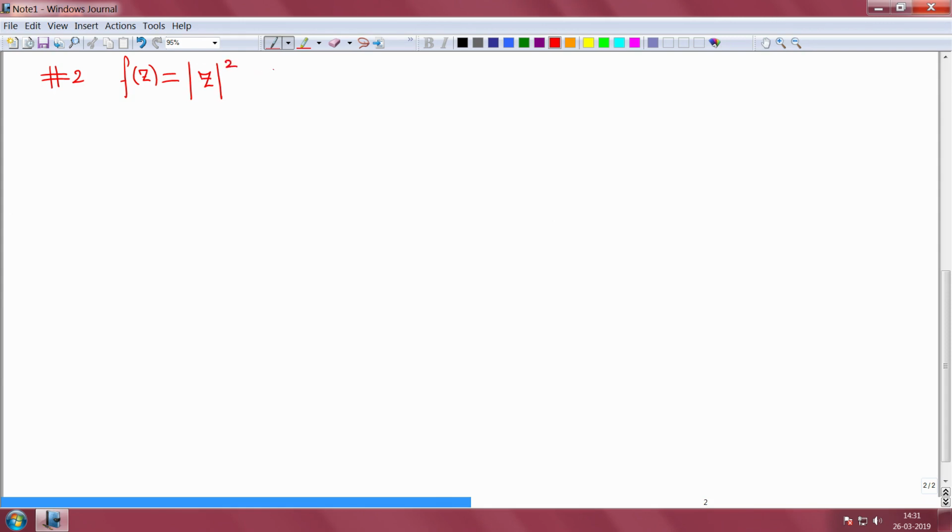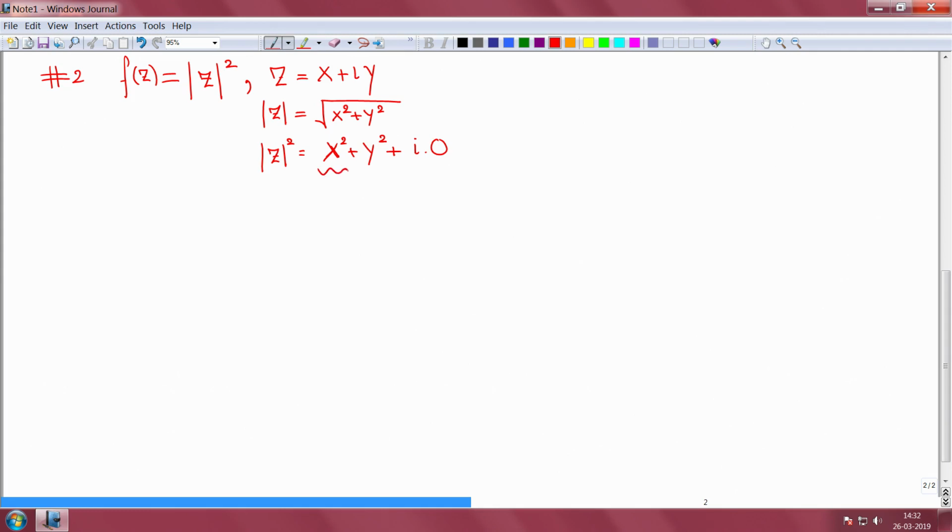Again if we consider z to be equal to x plus iy, then magnitude of z is equal to square root of x square plus y square, and magnitude of z squared is equal to just x squared plus y squared, and I will just add this plus i into 0.